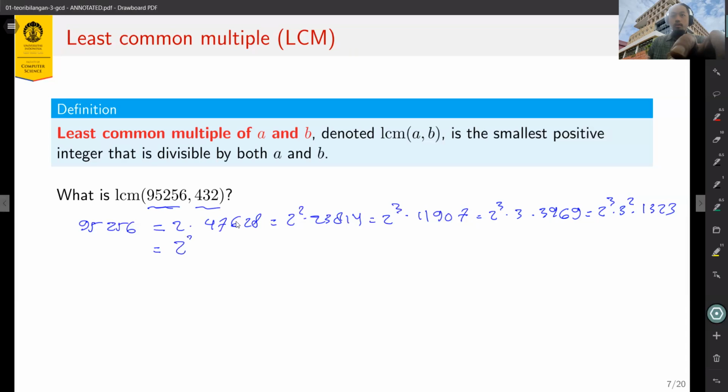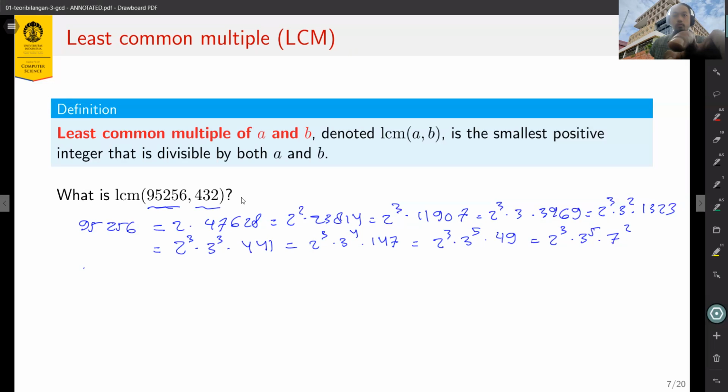So 2 to the power of 3 times 3 to the power of 3 times 441, and then this is again divisible by 3. So this is 3 times 3, times 147, which is divisible again by 3. 3 times 3, 49, right? And then this is, of course, 3 to the 5 times 7 squared.